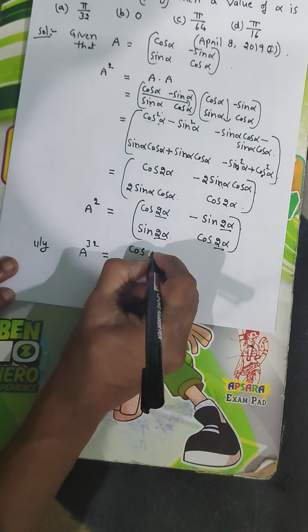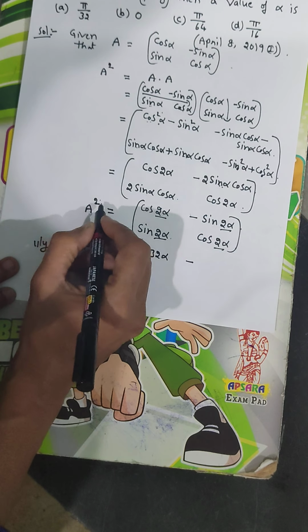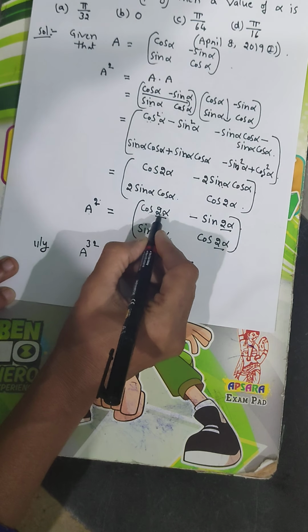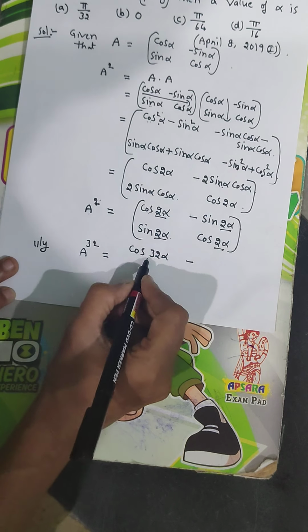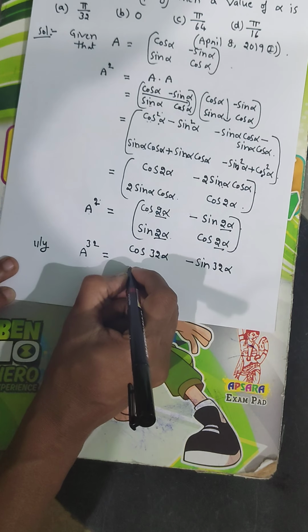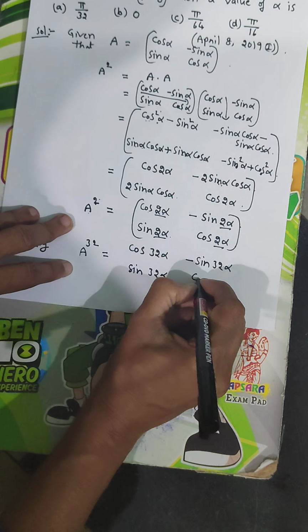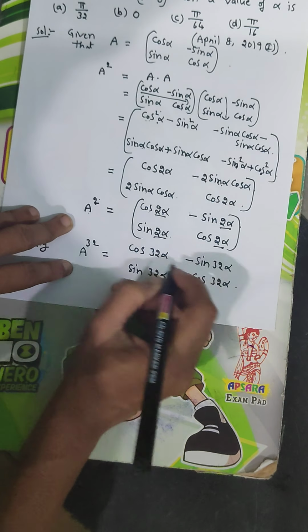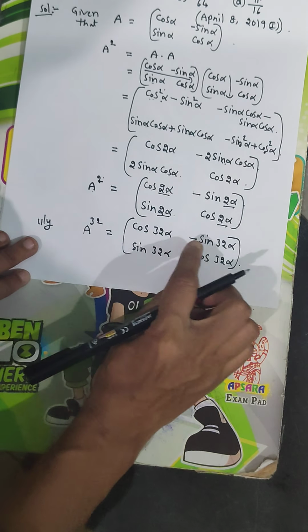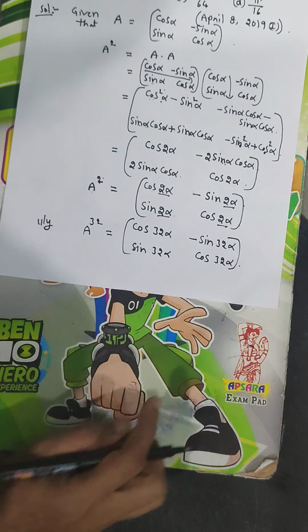So A power 32 is equal to the matrix cos 32 alpha, minus sin 32 alpha, sin 32 alpha, cos 32 alpha.